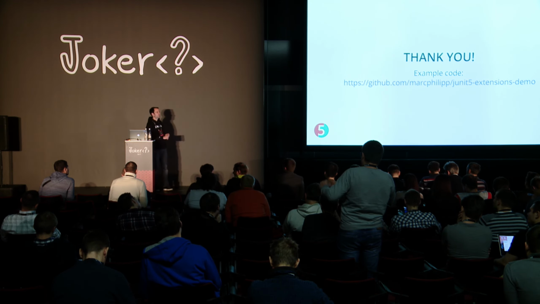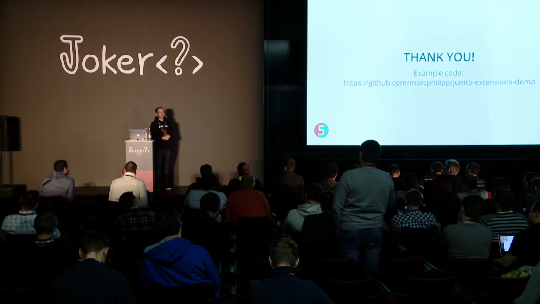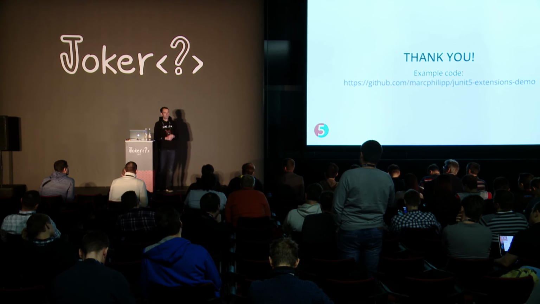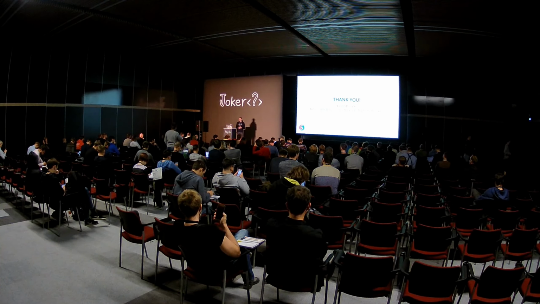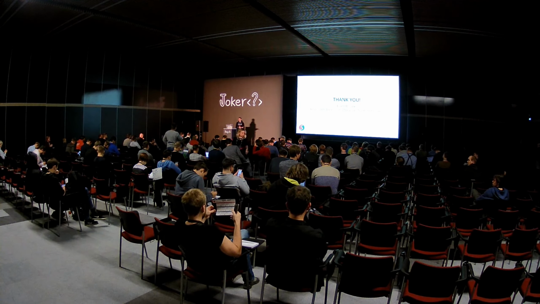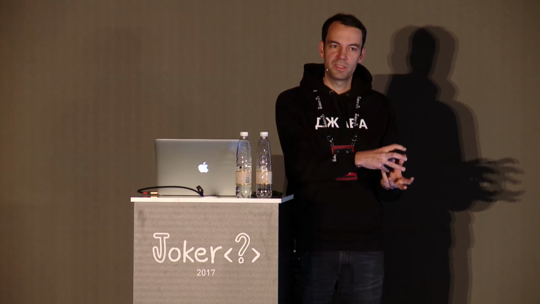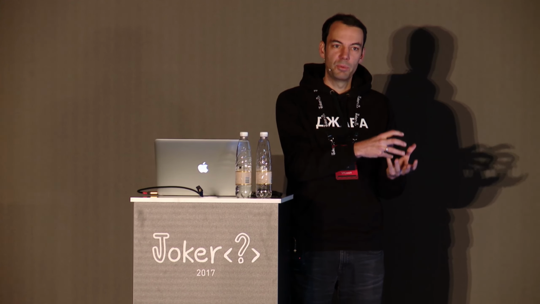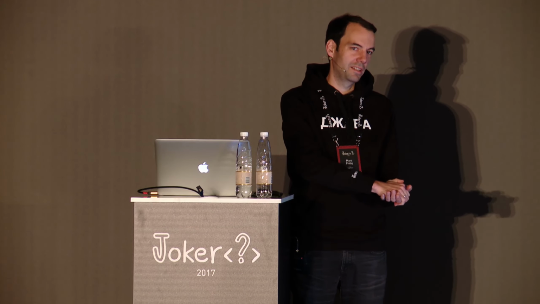Okay. Yeah, JUnit has its own notion of what a test looks like. It's supposed to be a test method. And it supports some other things like dynamic tests. There's a test factory method and test templates. But that's what JUnit Jupiter thinks is a test. If you want to have some different way to write tests, then you will have to write your own test engine.